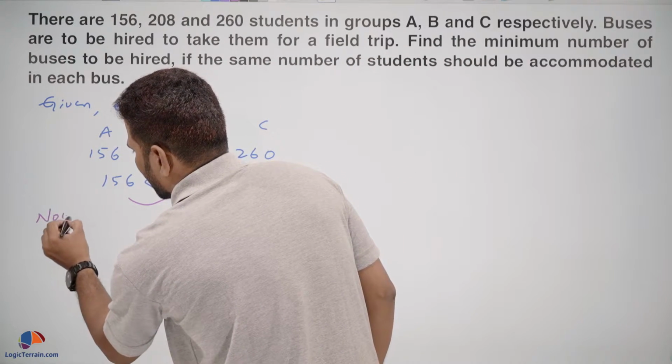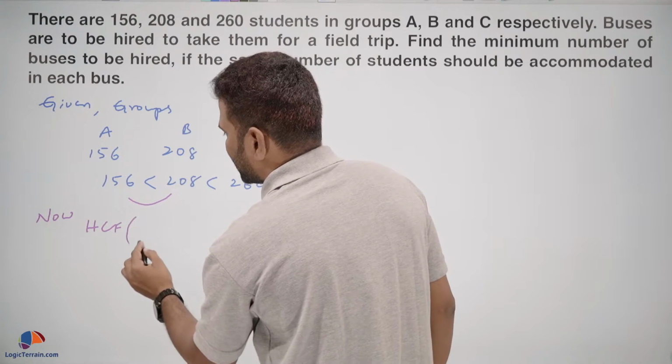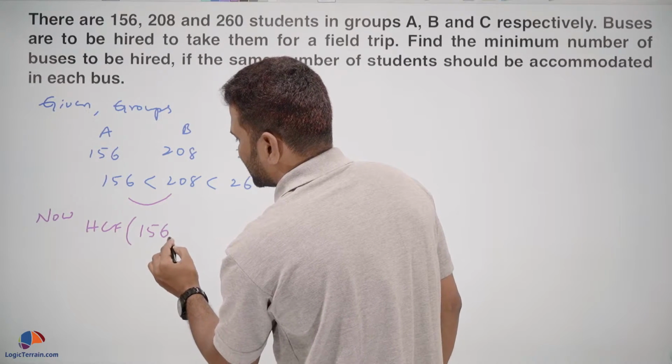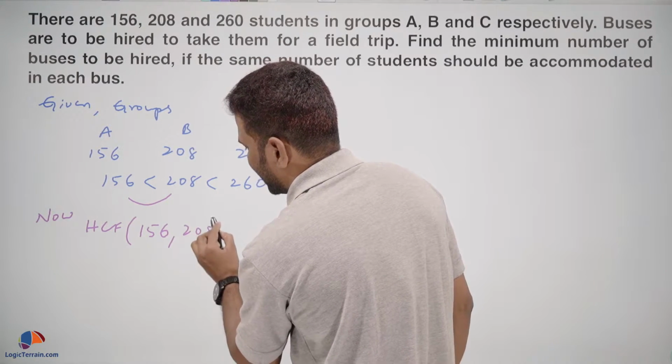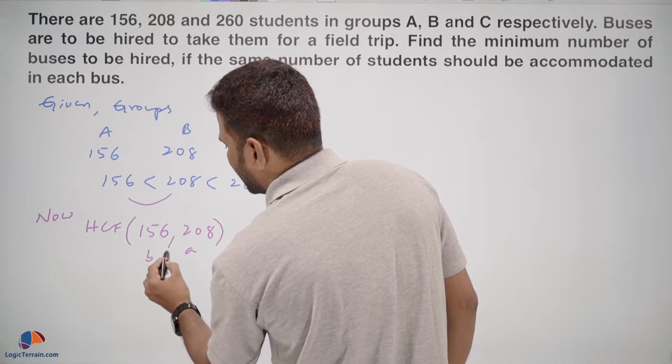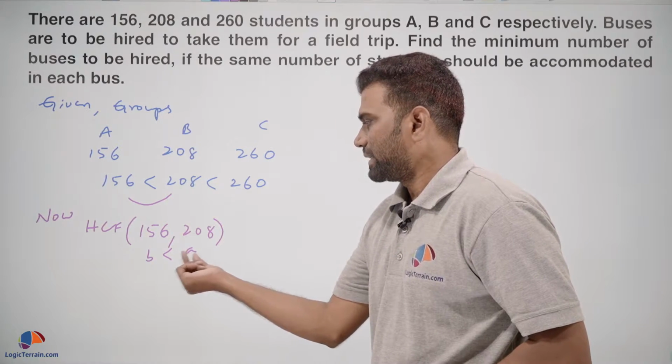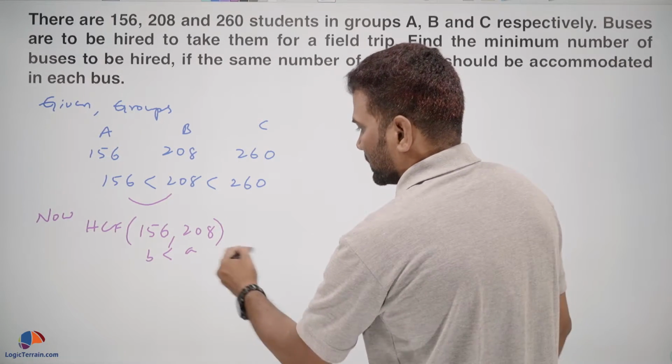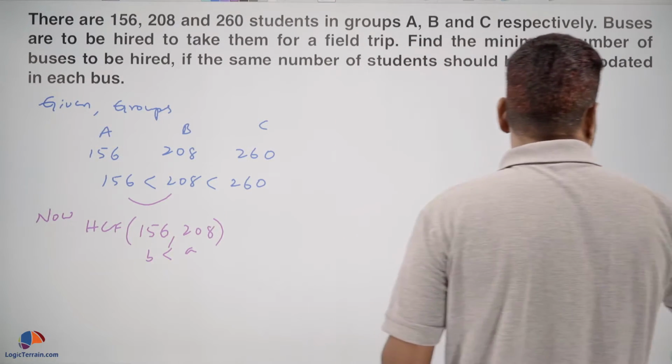Now, HCF of 156, 208. Since this is A and this is B, here B is greater than A. Now we will find the HCF of these two numbers.